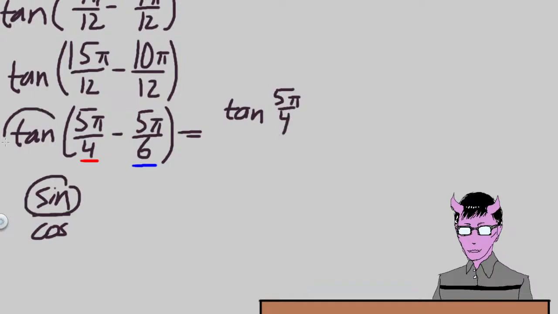Sine is the top for the tangent ratio. It's going to be minus, keeping the same sign on the top, tangent of the second term. Don't put the negative, because the negative here goes there. So this is just this one.